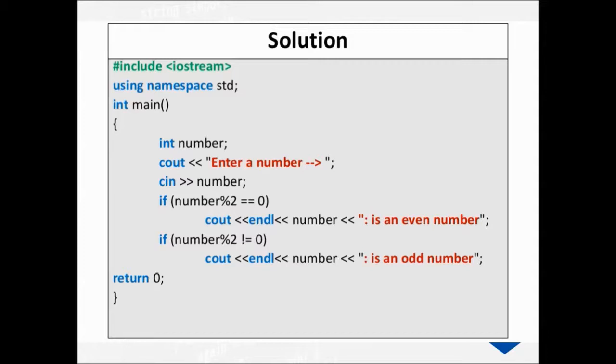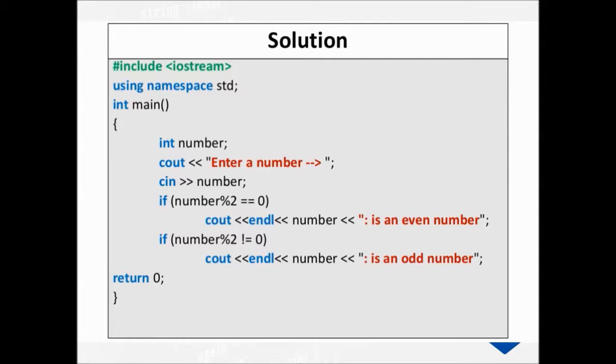Otherwise, in the second condition we write if number modulus 2 is not equal to 0, then it prints that the number is an odd number. In both conditions we did not use curly braces because we used a single statement under each if condition.